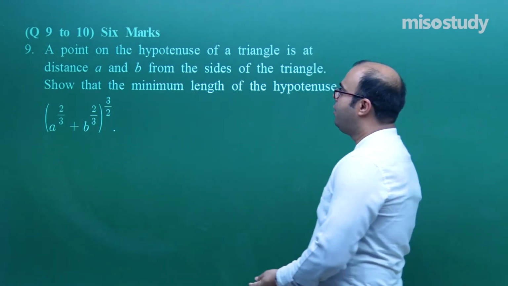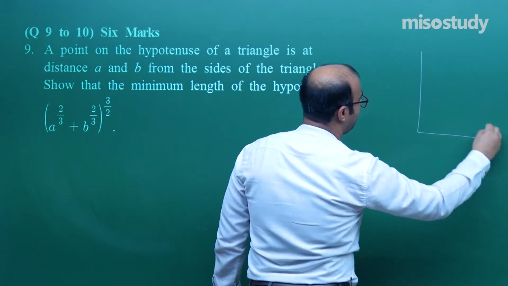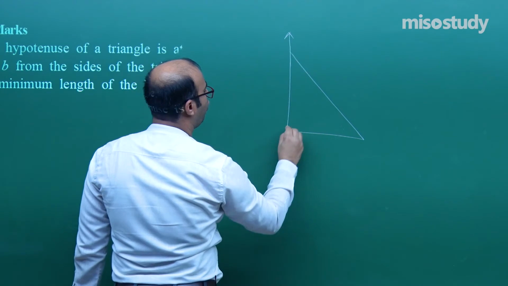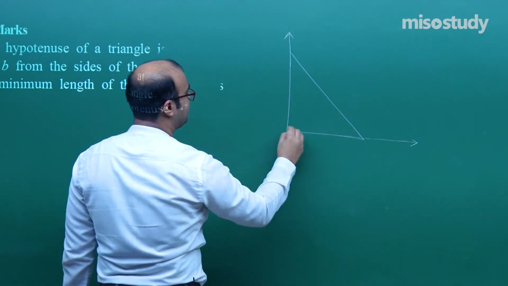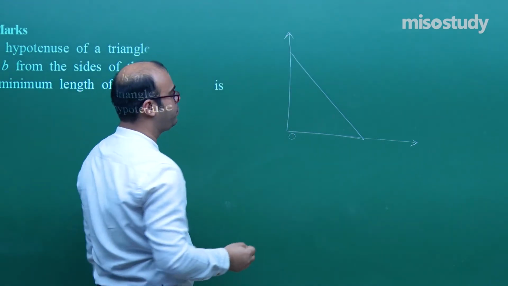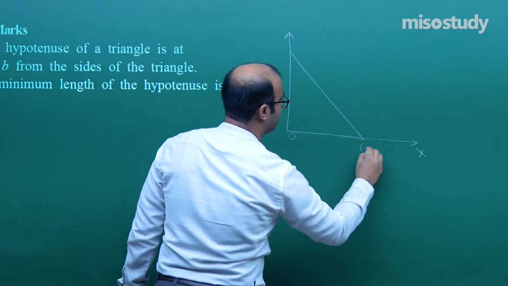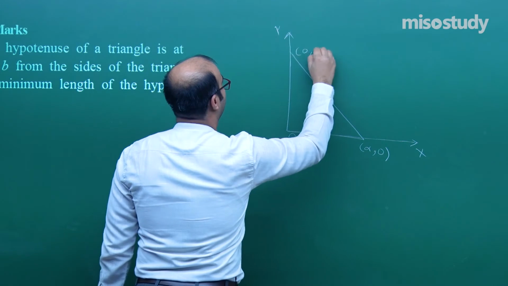So, if we see, this is a right angle triangle, right students? In this right angle triangle, can we, without loss of generality, suppose that this base is the x-axis and this perpendicular is the y-axis? We can do that. Now, the hypotenuse is intersecting the x-axis at (alpha, 0) and the y-axis at (0, beta).